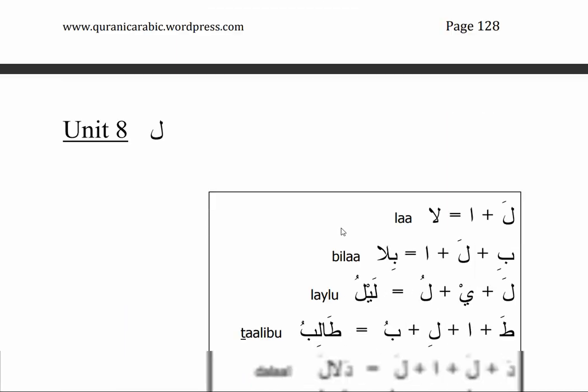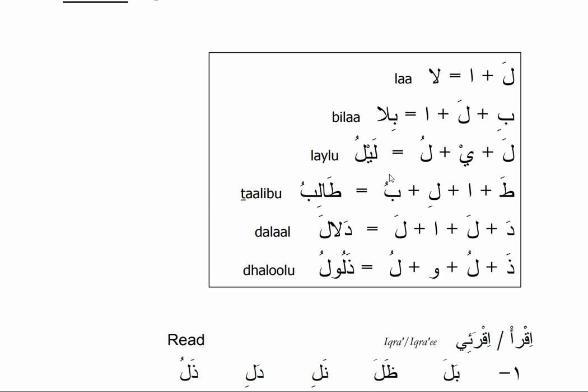Now let's go quickly to all these random words, and it's added with lam and alif as la. Ba, kasra, lam, fatha and alif, bila. Now you know ba is with a short vowel and lam alif is with a long vowel.